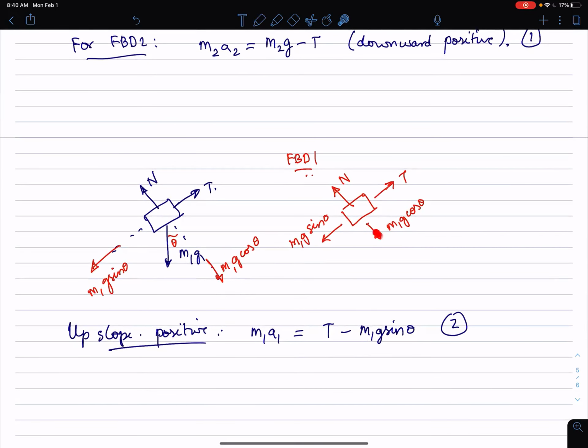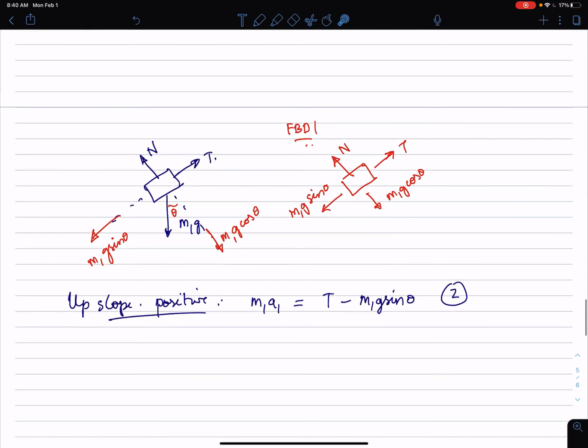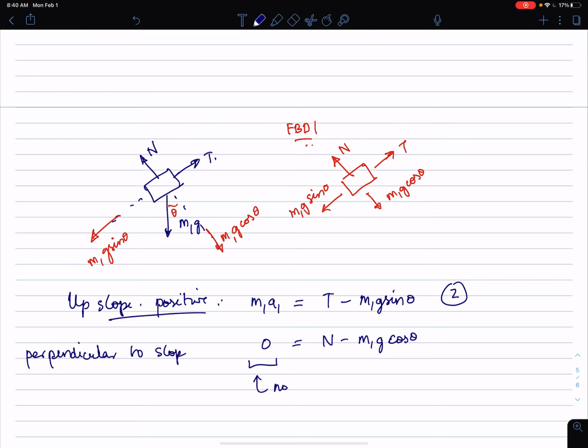We can write another equation perpendicular to the slope. So 0 equals N minus m1g cosine theta. And this is because this is perpendicular to slope. No acceleration, perpendicular to slope.